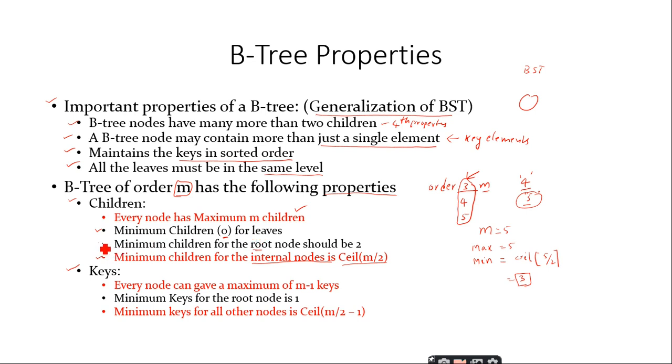And this is also an important property: the minimum children for the root node should be 2. Can we take the root node as an internal node? No, sir. Internal nodes have a minimum of 3 children. Yeah. But in general, if you consider the root, can we consider it as an internal node?